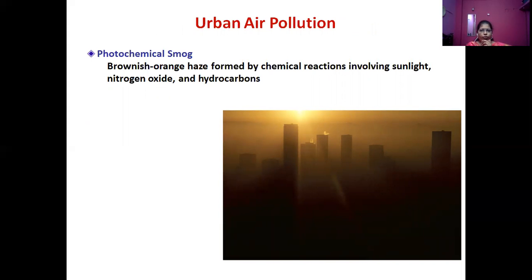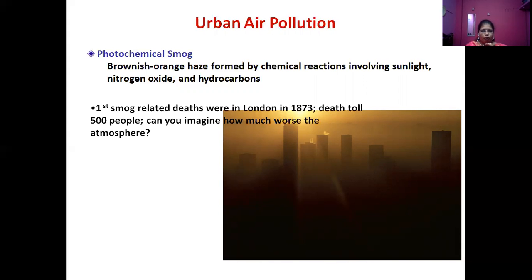As we all know, in urban air pollution, photochemical smog is a brownish orange haze formed by chemical reactions involving sunlight, nitrogen oxides, and hydrocarbons. As you can see in this picture, this is how photochemical smog looks. The first smog related deaths happened in London in 1873. The death toll was around 500 people.